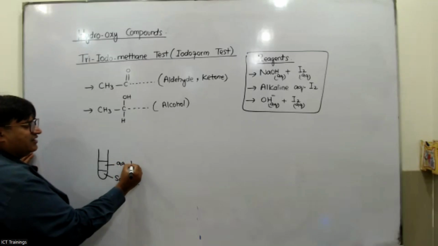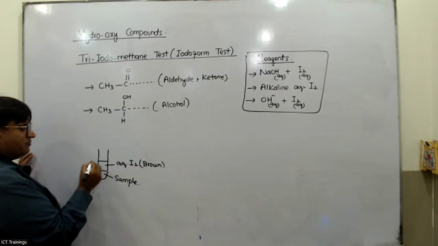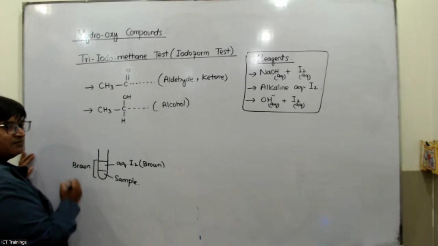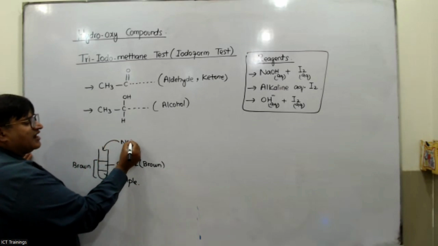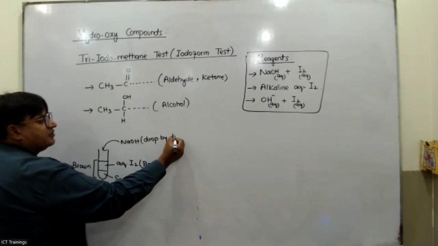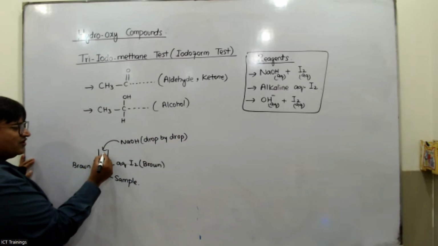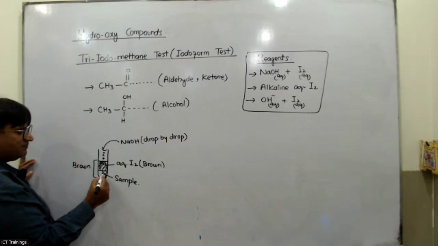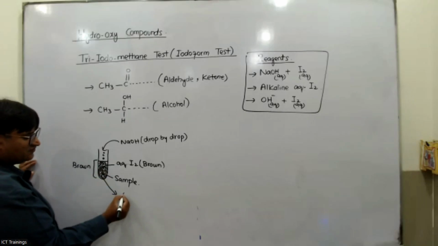Aqueous iodine is brown in color, so the whole solution becomes brown at first. Then you add sodium hydroxide drop by drop. When you add sodium hydroxide drop by drop, the whole thing forms a yellow precipitate.